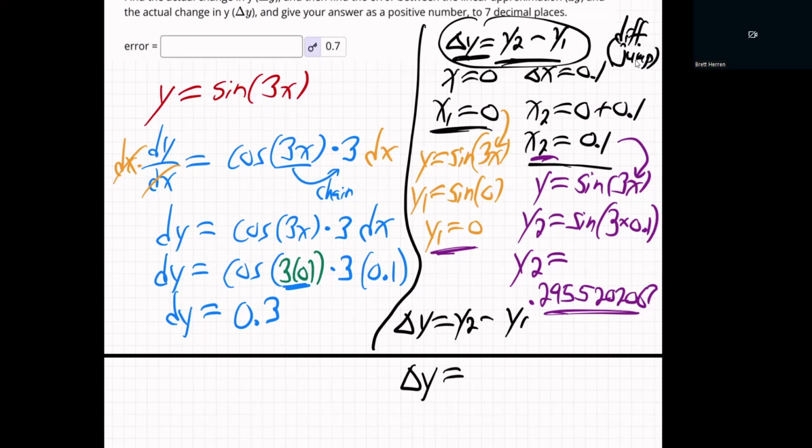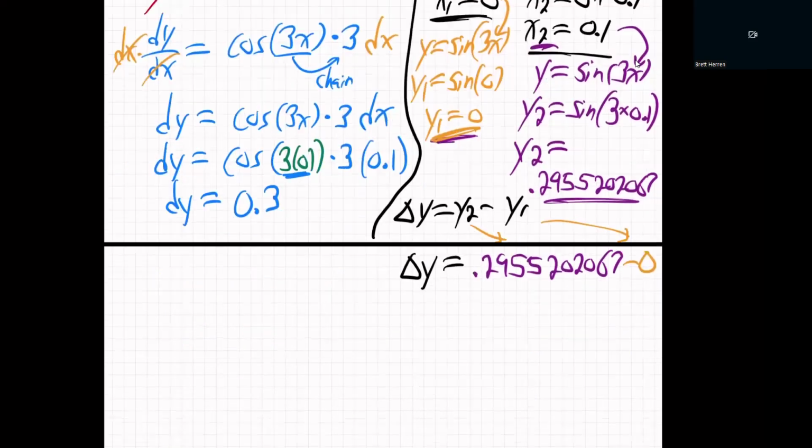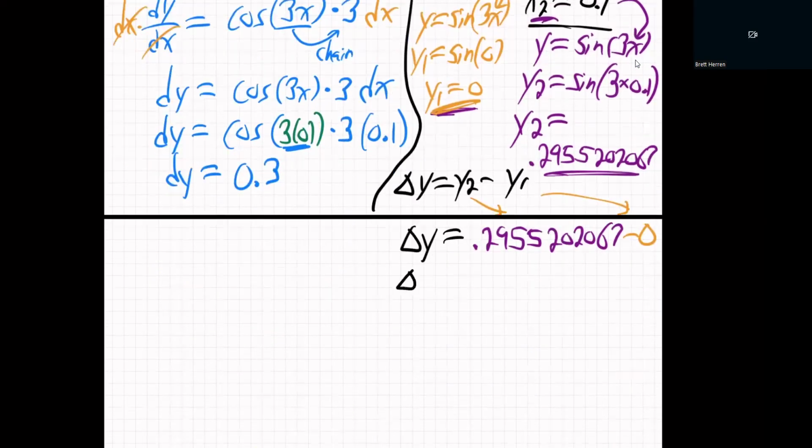So it's the y2, 0.2955202067 minus 0. The y1 is just 0. Y2 minus y1. So then the delta y is pretty obviously just 0.2955202067.